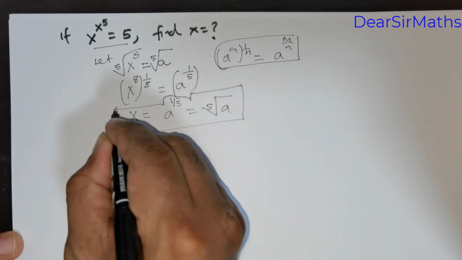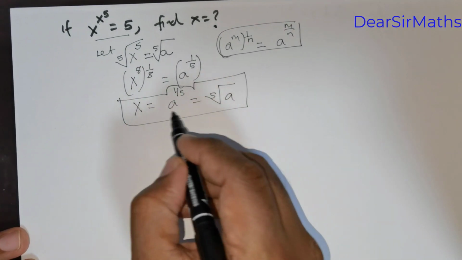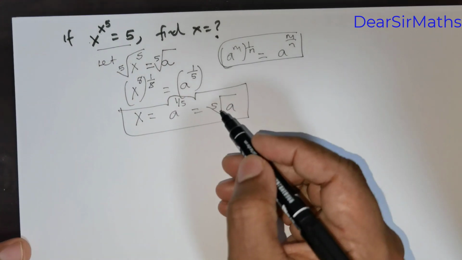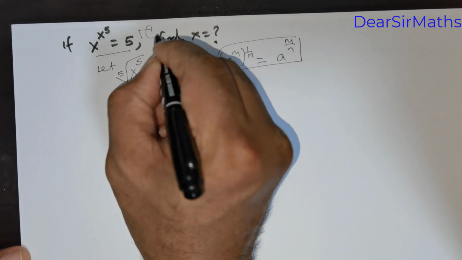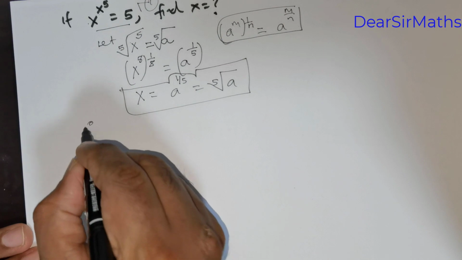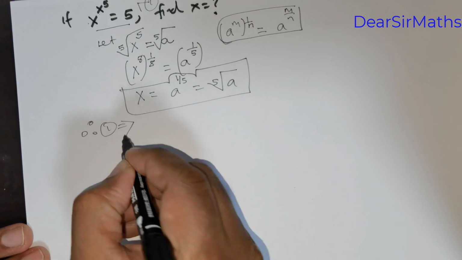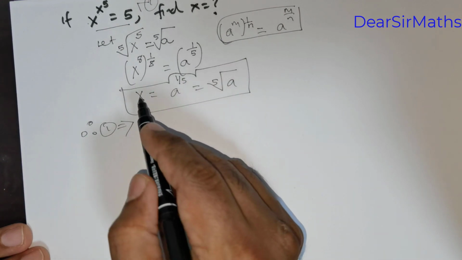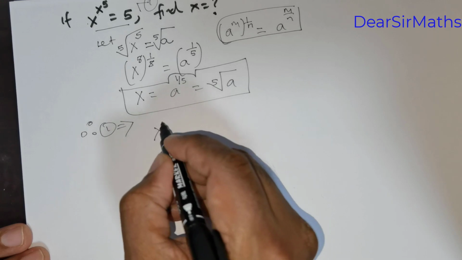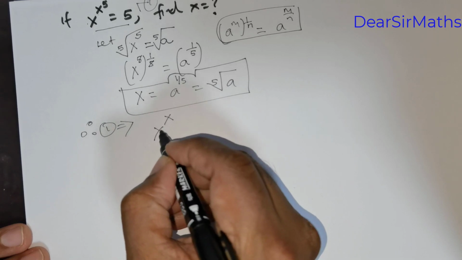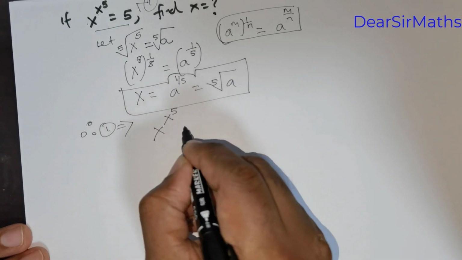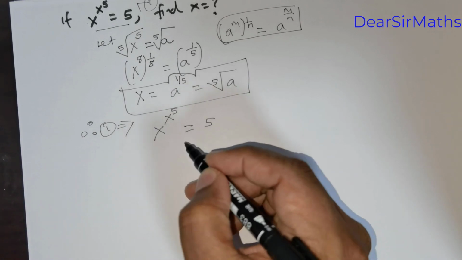So what I wish to do is utilize this in the original system. So if I were to take this as 1, therefore 1 can be rewritten, in place of x, this is what we've got, right? x raised to the power of x raised to the power of 5 is equal to 5. This is what we have got.